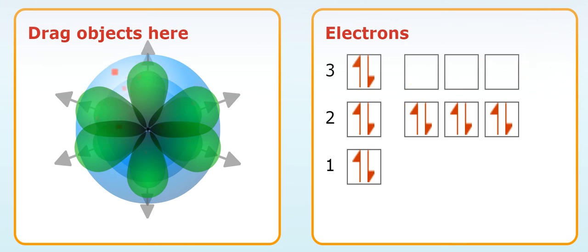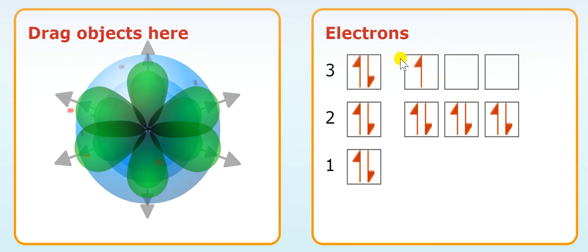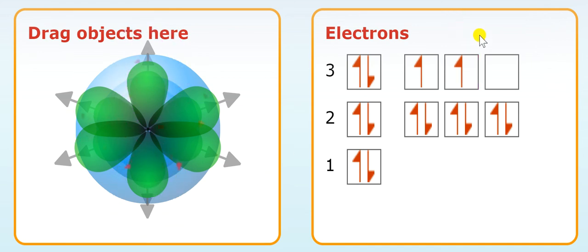And now let's start filling them. We'll put an electron into the first p orbital, and notice the up arrow that appears. I'm now going to add an electron to the second p orbital, aka that second box, and here it is, that up arrow has appeared. And then the third one will have to go in the last box. And there it is.